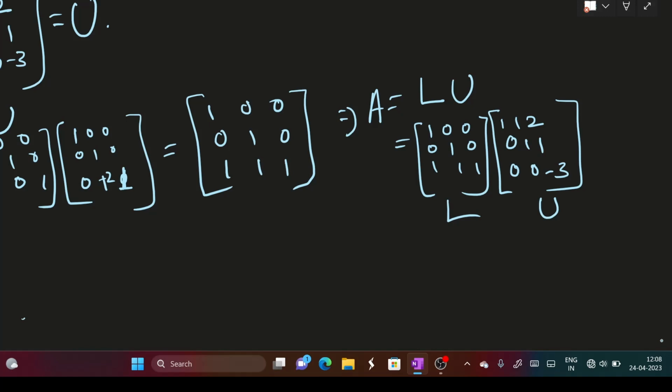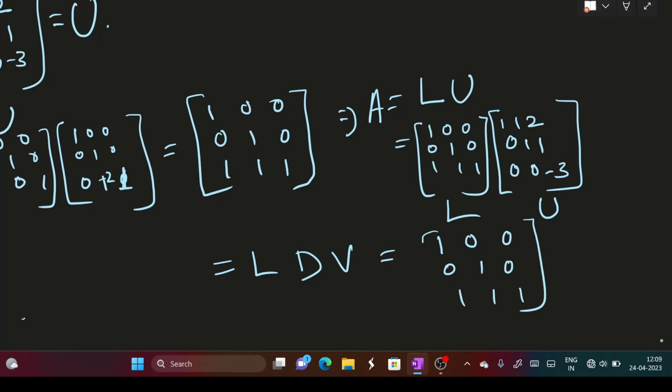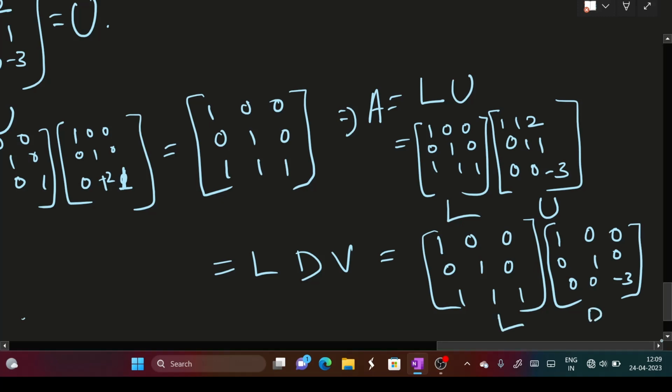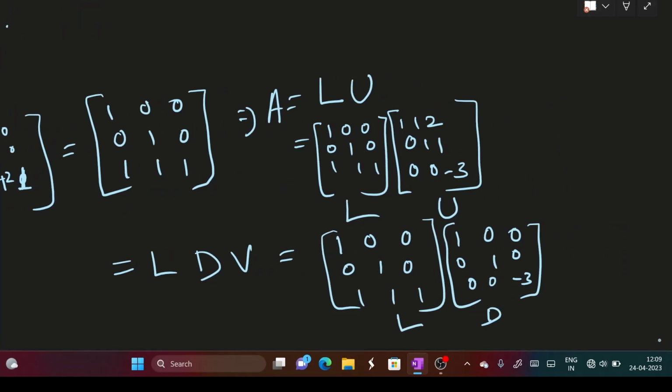Now suppose I want to write it as LDV. L remains same, there is no change at all for every case, it is my L. And what is my D? Diagonal elements 1, 1, minus 3, and 0 elsewhere. This is diagonal, it is L, it is D, then V. In the upper triangular matrix, divide each row by the corresponding pivot.